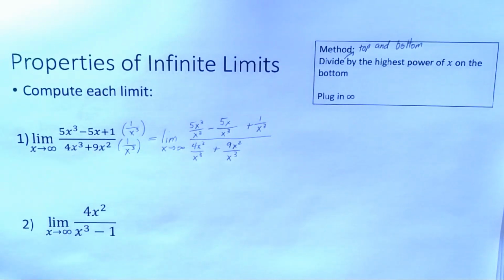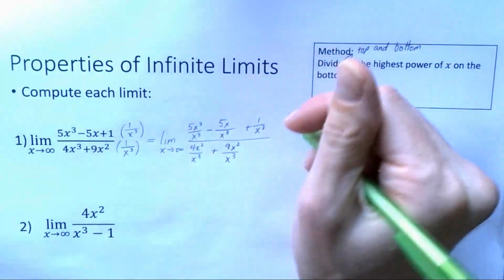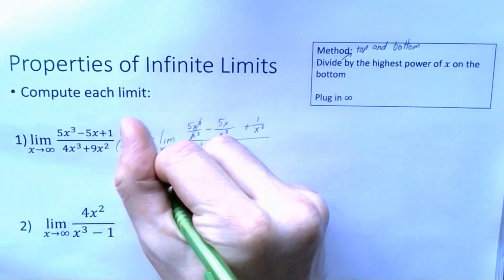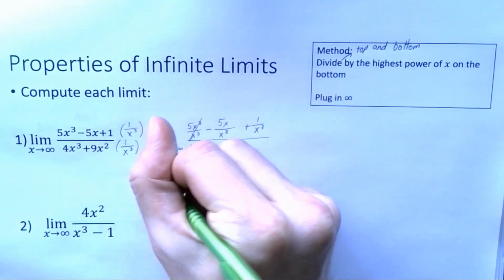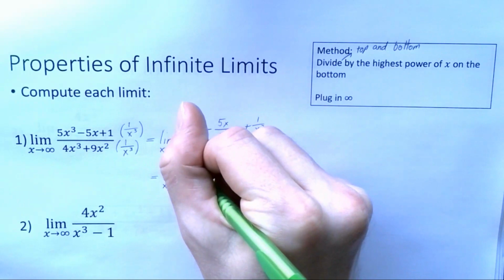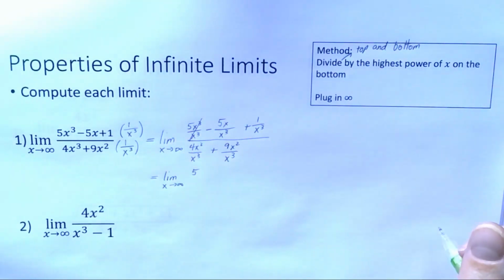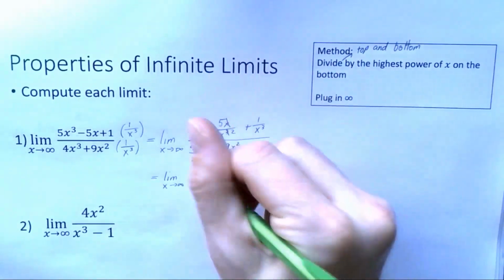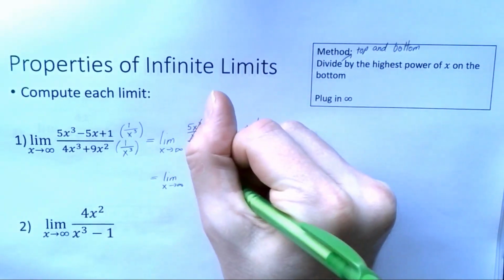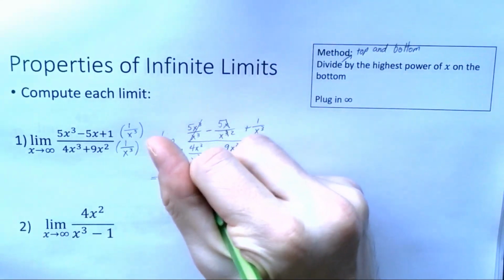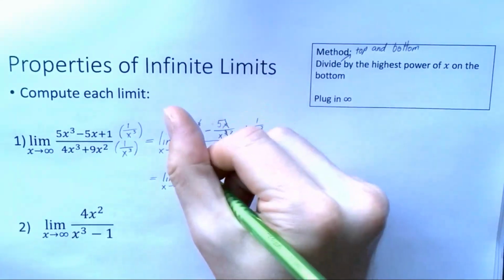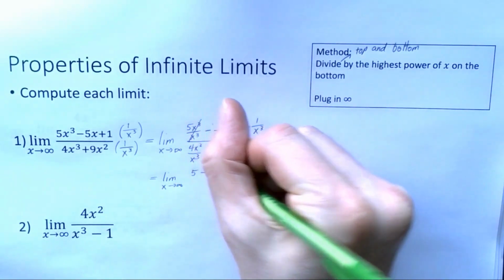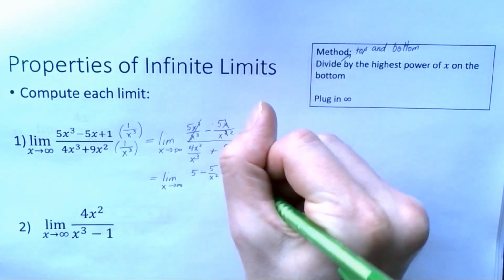So now we can simplify this a little bit. The 5x to the third over x to the third, the x to the thirds cancel out, and we're just left with 5. For 5x over x to the third, that x cancels out with one of these, so it's minus 5 over x squared. And then there's nothing we can do with the 1 over x to the third.